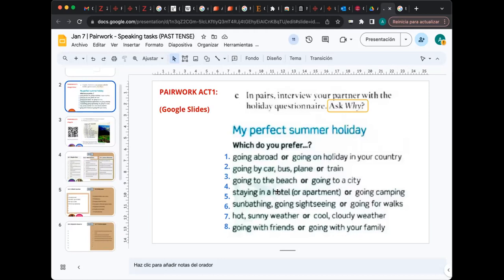I prefer cloudy, no sé cómo se pronuncia. Cloudy. Weather. I like rain. Okay.